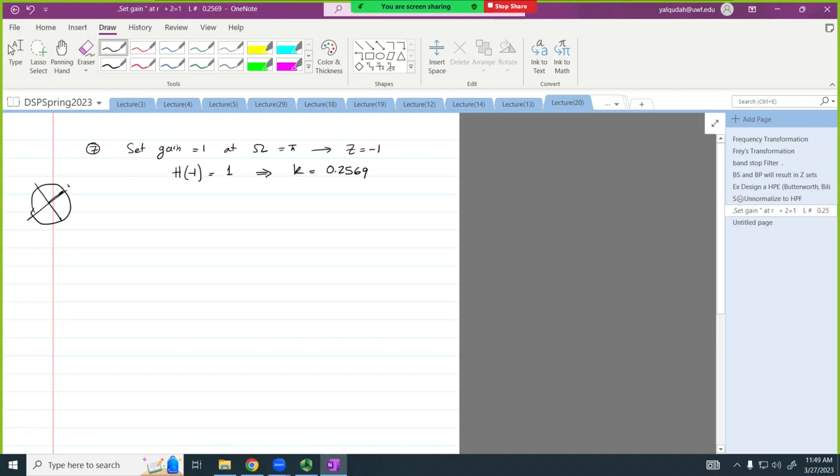This corresponds to omega equal to 0. This corresponds to omega equal to pi. And if this is Z equal to 1, this is Z equal to -1. Make sense? Z equal to -1 corresponds to omega equal to pi, which is the highest frequency.